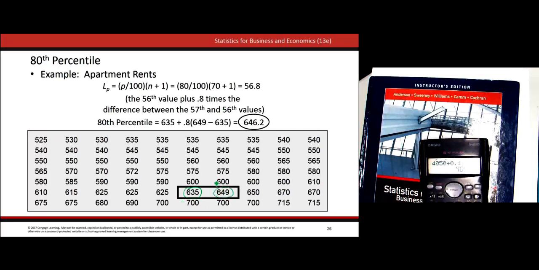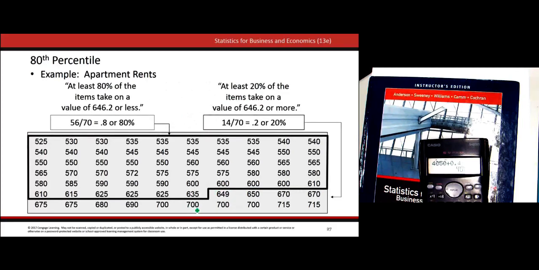We take the 56th one, which is 635, plus 0.8 times the difference, 649 minus 635. So now 80% of the values take on a value of 646.2 or less, and at least 20% take on a value of 646.2 or more.